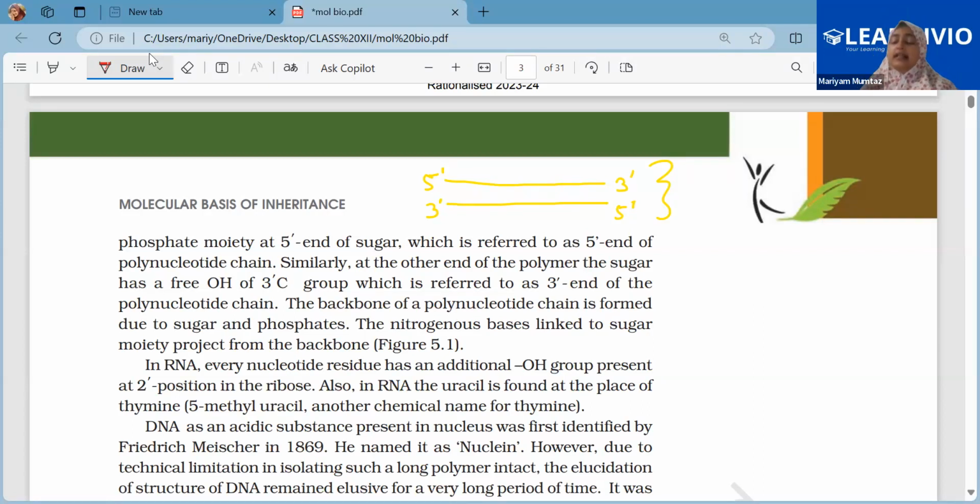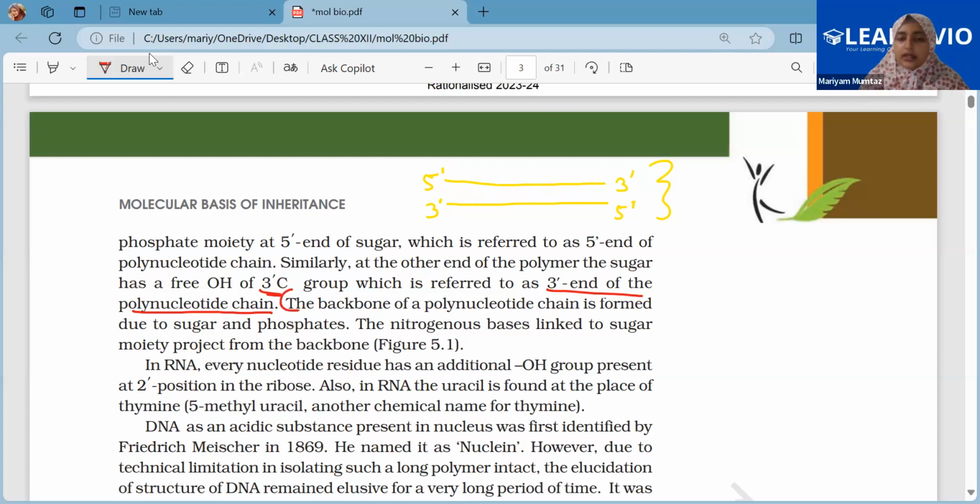Now, similarly, at the other end of the polymer, the sugar has a 3' OH on the third carbon, a hydroxyl group, which is referred to as the 3' end of the polynucleotide chain. So, one polynucleotide chain has a 5' end and a 3' end. The 5' end has the phosphate group and the 3' end has the hydroxyl group.